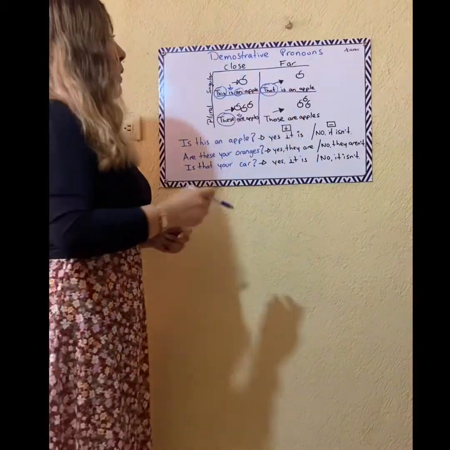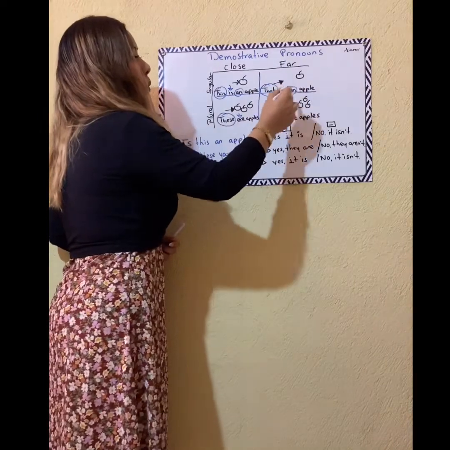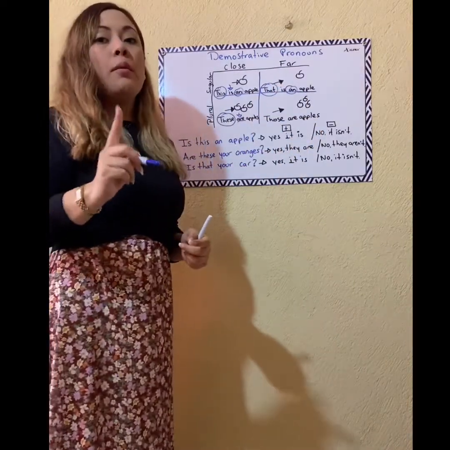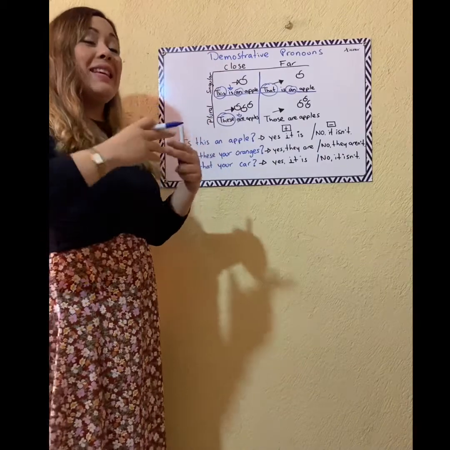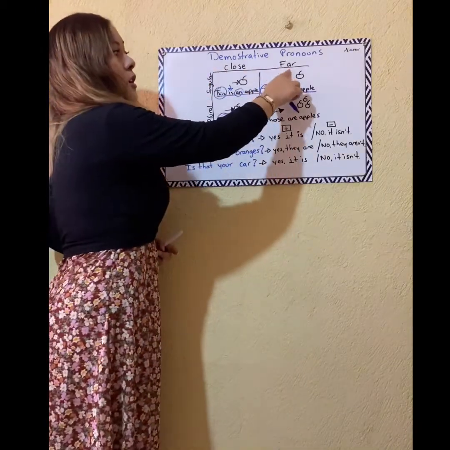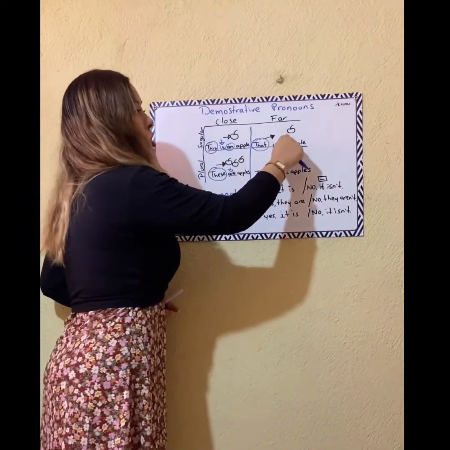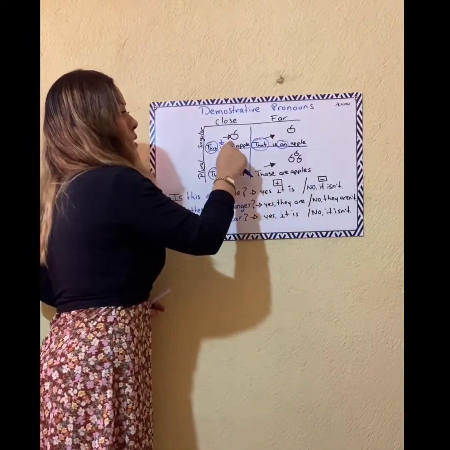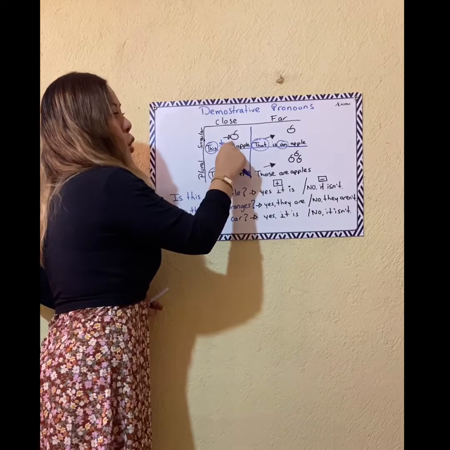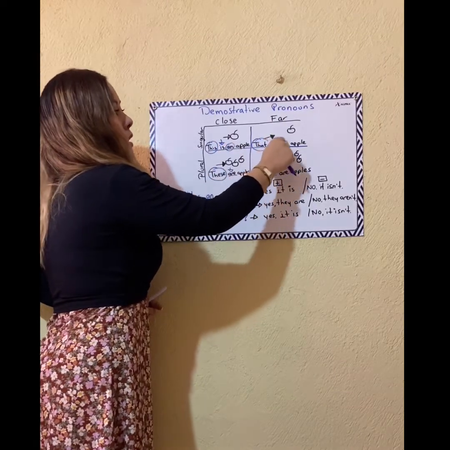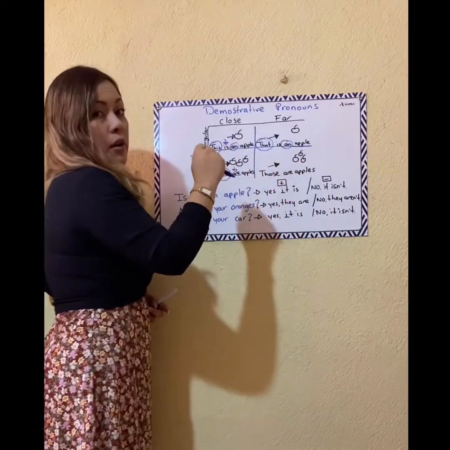Okay, such as in the example, that is an apple. We continue talking about one thing, but that thing is far, is not close, such as in the drawing. Check the distance. The distance is not the same. Here is close, here is far.